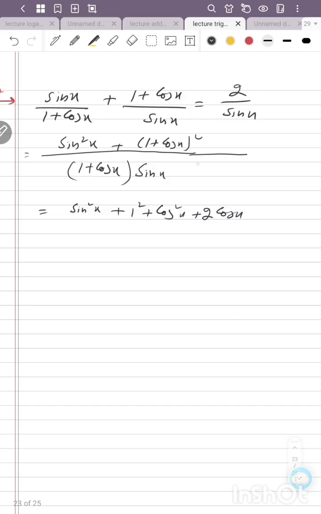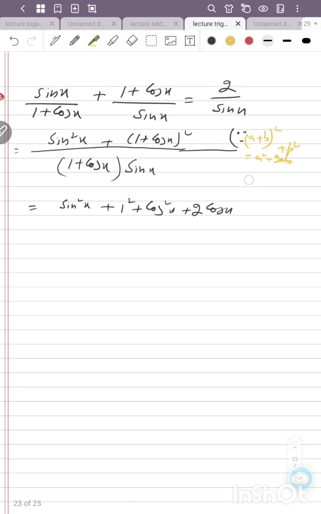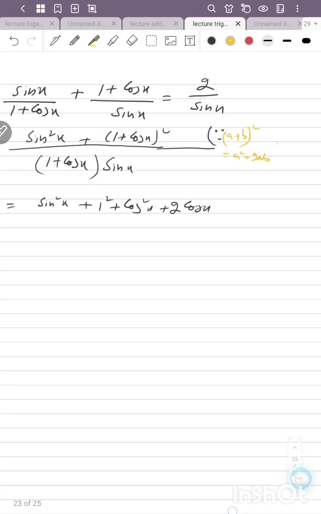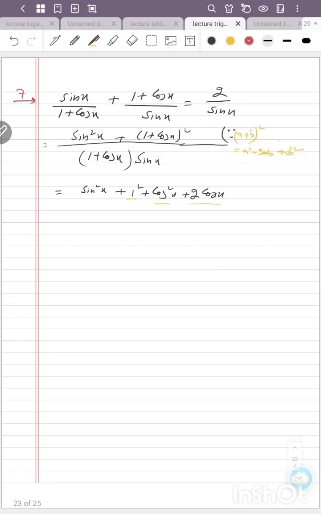We have to open it with the formula (a plus b) squared equals a square plus 2ab plus b square. I have to write it here. This is our a, this is our b square, then 2ab. Okay, hopefully you understand this one.